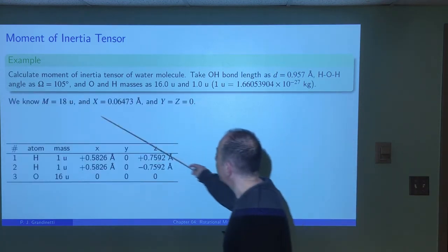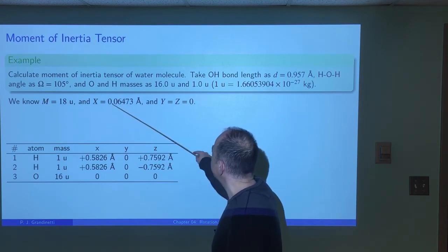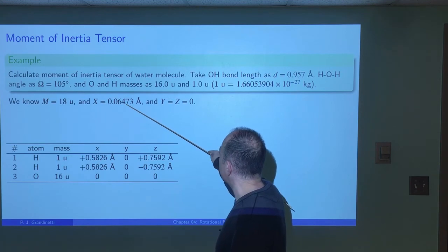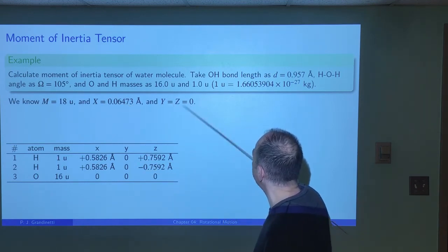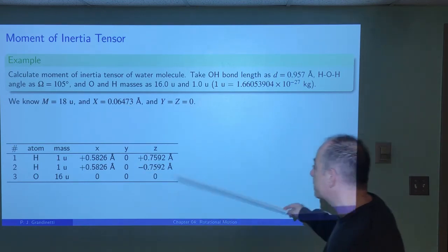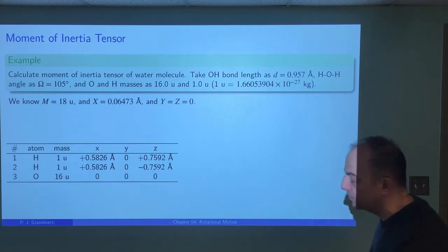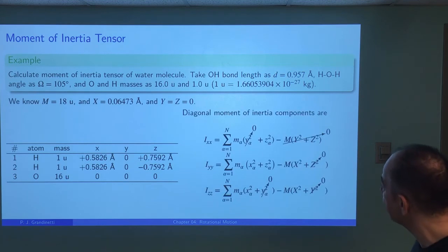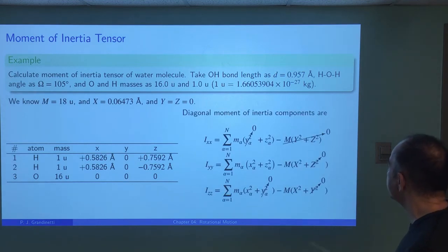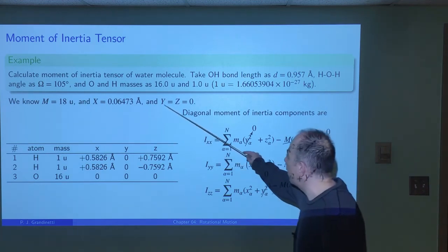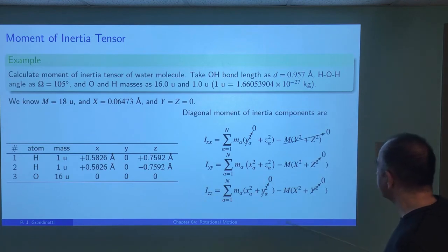We knew from there that the total mass was 18, and the position of the center of mass was slightly off in x at 0.06, and y and z were 0. And we placed the molecule in the xz plane, so all of the atoms had 0 for the y component. If I go to the diagonal moments of inertia components, then you see in this expression that I already know that the y and z center of mass are 0.